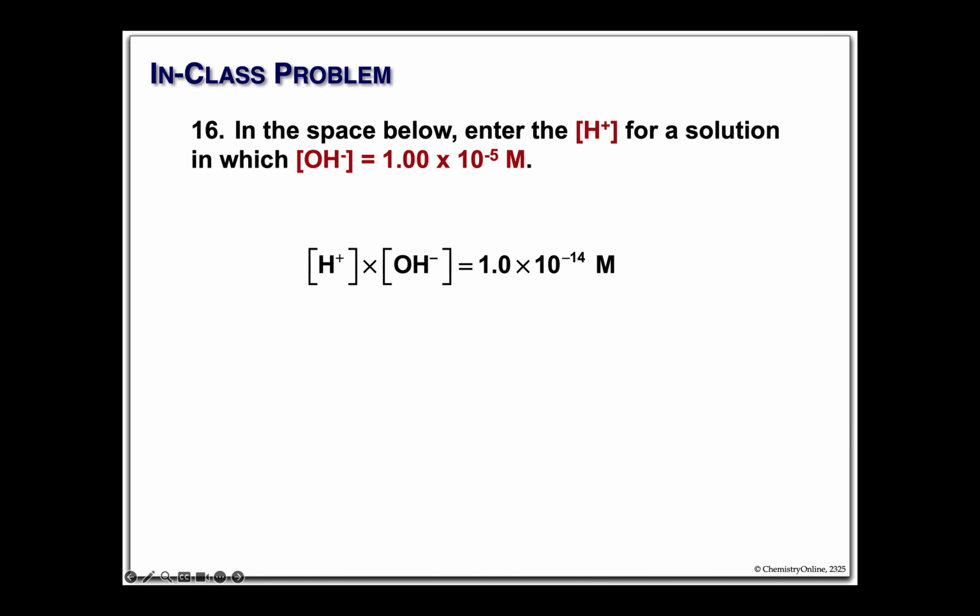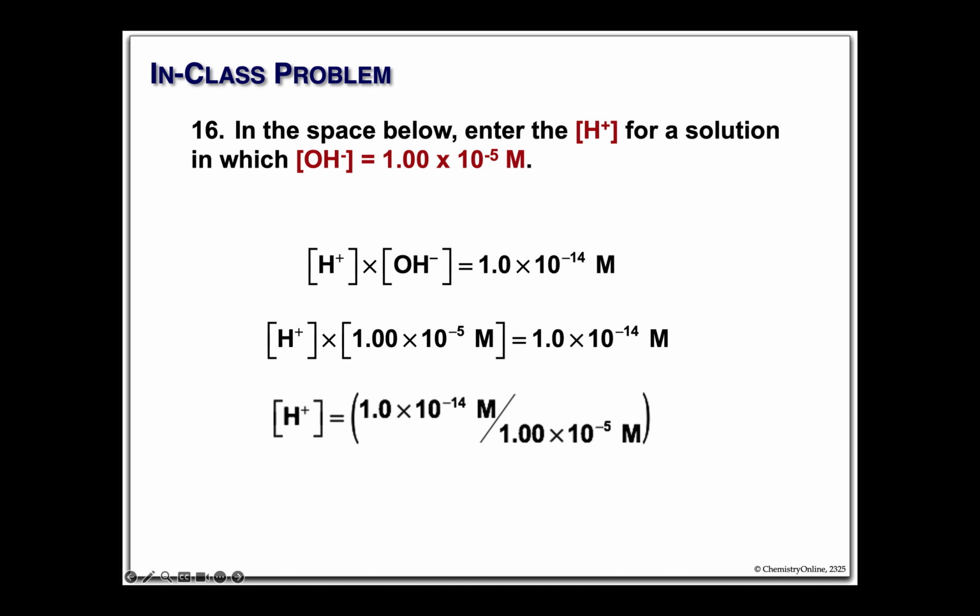So, all we have to do is substitute in our value for hydroxide. Then we're going to divide 10 to the minus 14 by 10 to the minus 5. When we do the calculation, we could do it in our head. 14 minus 5 is 9. Any questions?